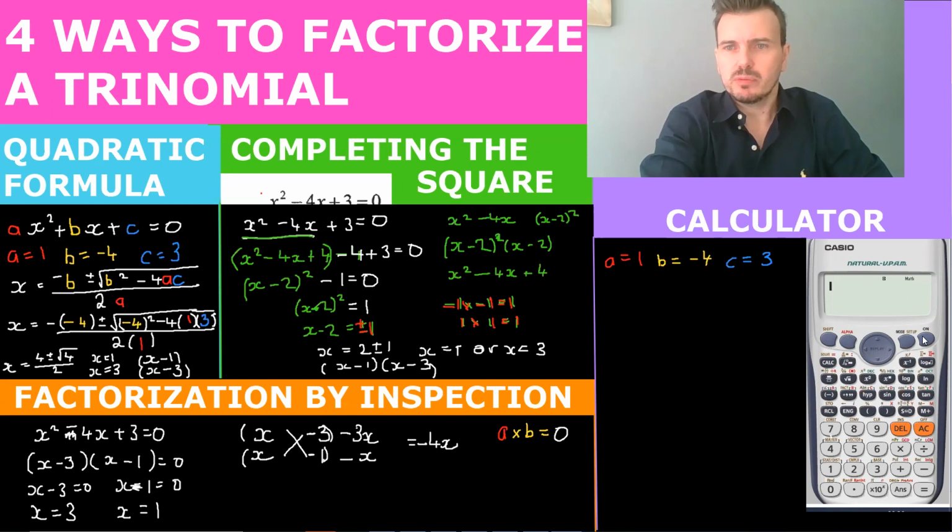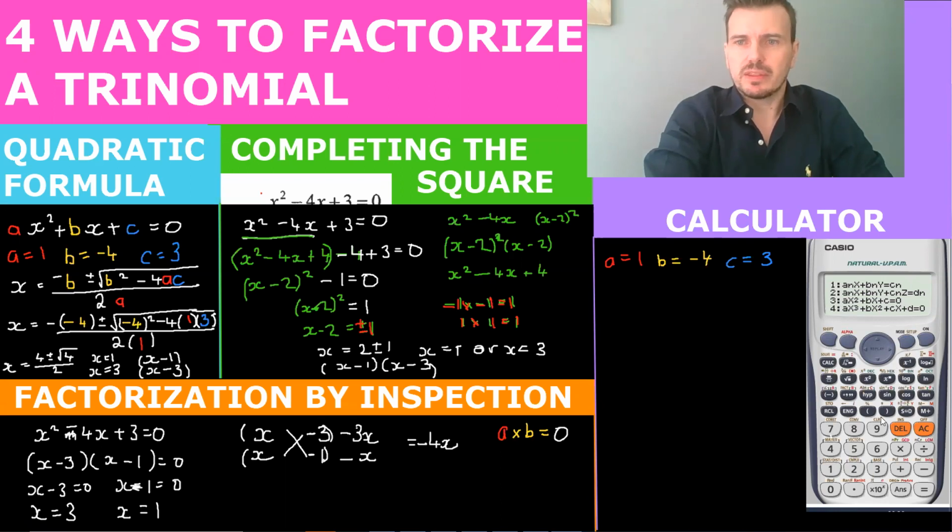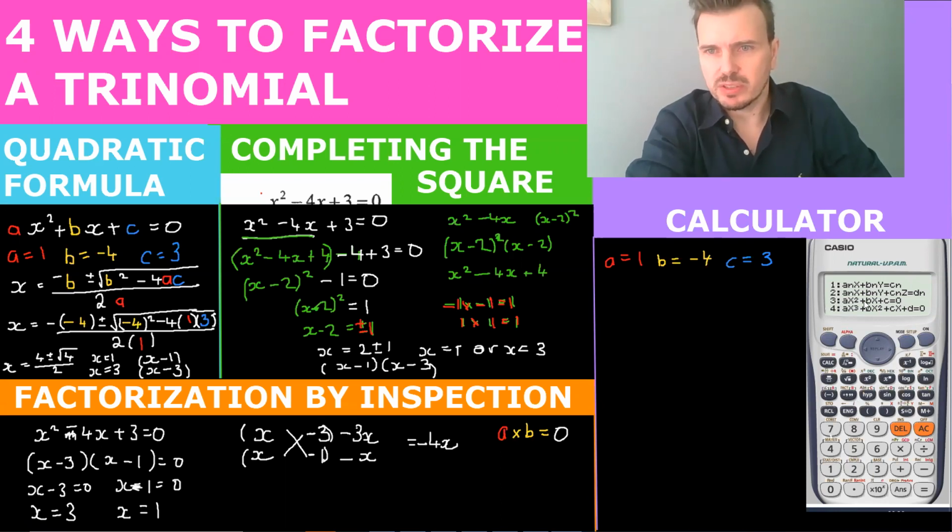So when we want to calculate a trinomial using our Casio calculator, we go into mode and we want the equation mode, number 5. Okay. And here it's got a series of equations. We want the third equation because that's got the x squared.